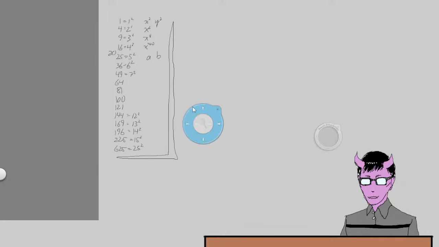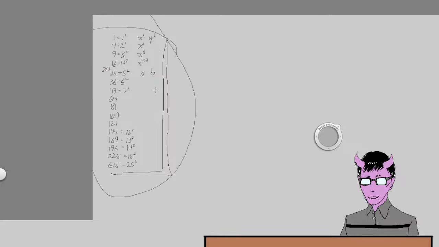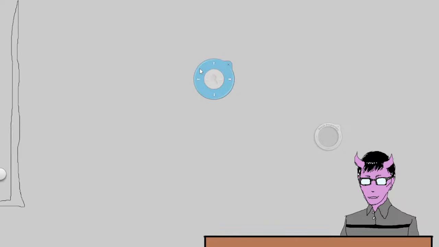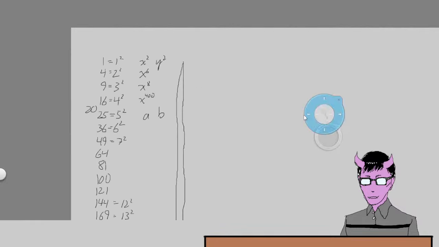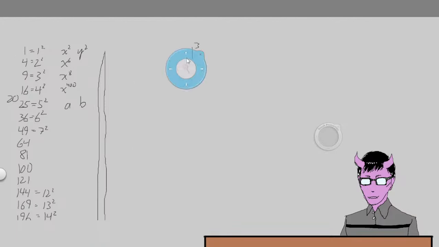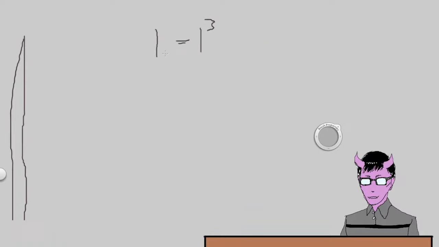So let's talk about the next related situation. That's fairly close to a difference of two squares. It's going to be the difference of two cubes. So by cubes, we're going to start with the same base numbers. So if you have 1 cubed, that's just going to be 1, and then if you have 2 cubed, that's going to be 8.